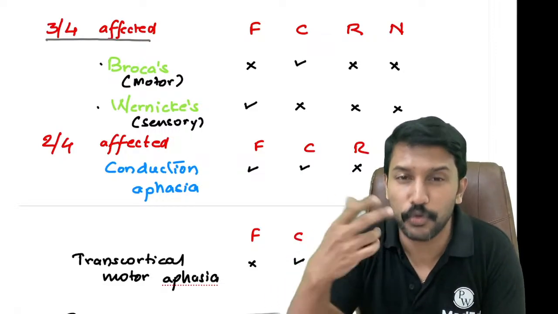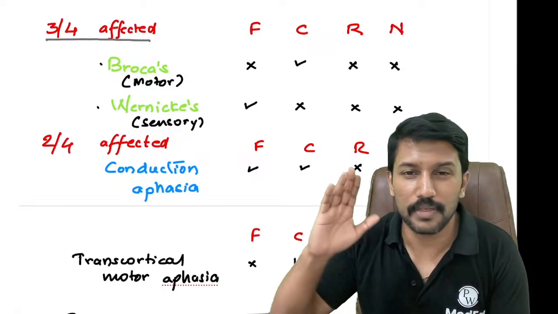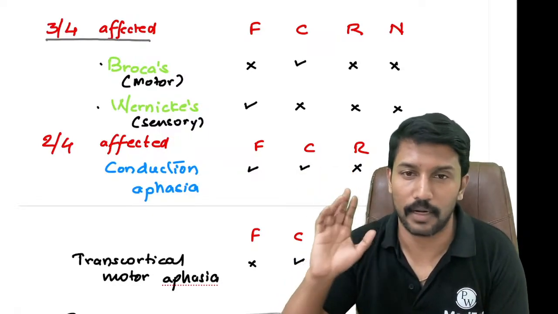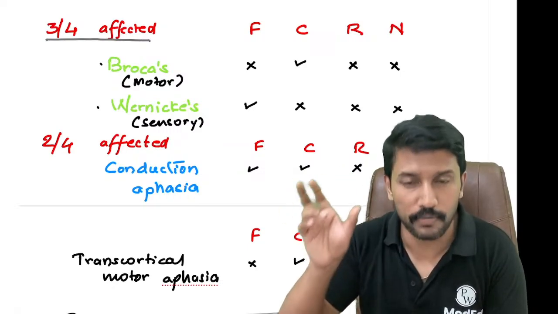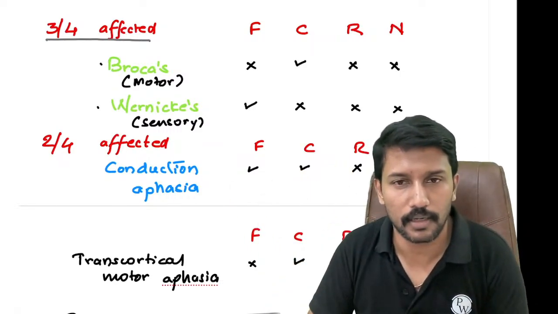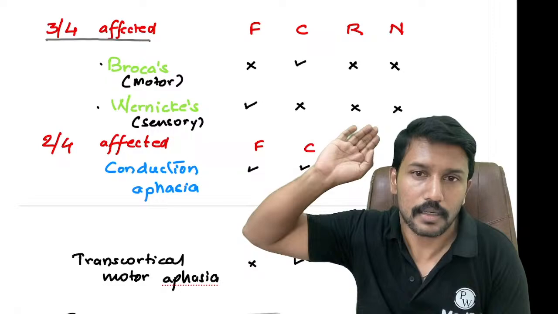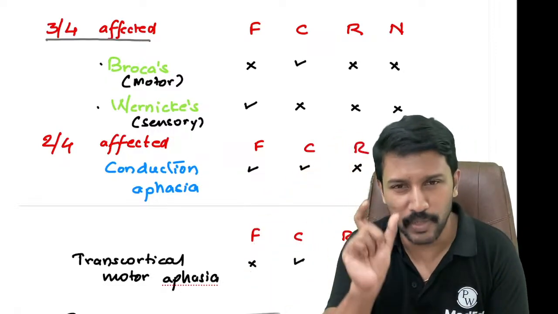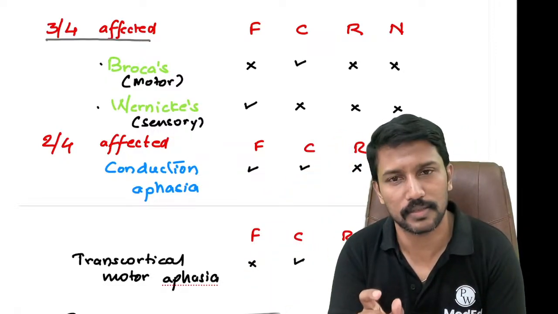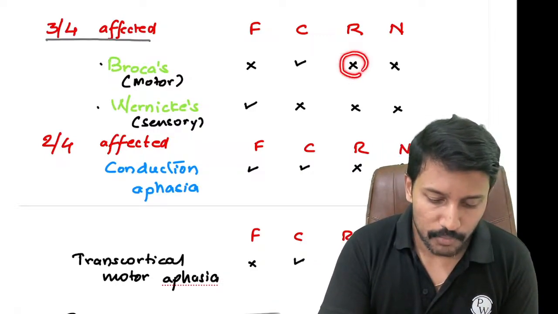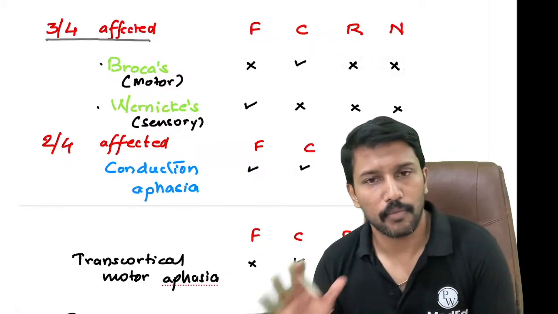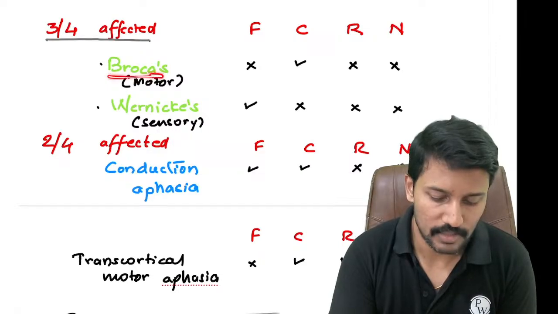They will struggle to produce the words. They will say like, my native is in Mysore district of Karnataka, right? But instead of saying that I am from a small village in Mysore district of Karnataka, they would say Karnataka, right? Minimal words, paucity of words, unnecessary pauses. Right? And if you ask them to name or repeat, they will not be able to name or repeat. That is our Broca's aphasia, right?